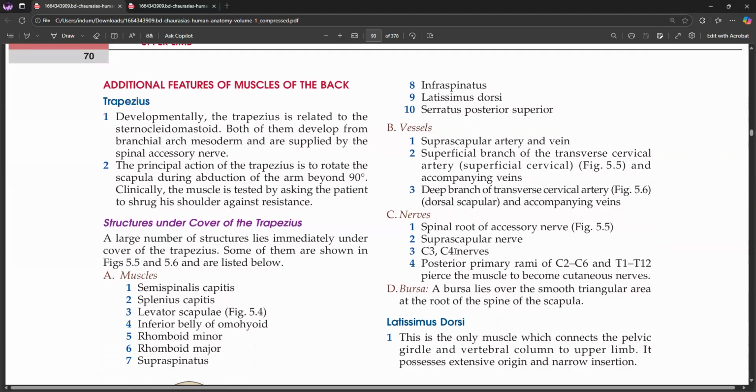Vessels. Suprascapular artery and vein. Superficial branch of the transverse cervical artery, superficial cervical, figure 5.5, and accompanying veins. Deep branch of transverse cervical artery, figure 5.6, dorsal scapular, and accompanying veins. Nerves.